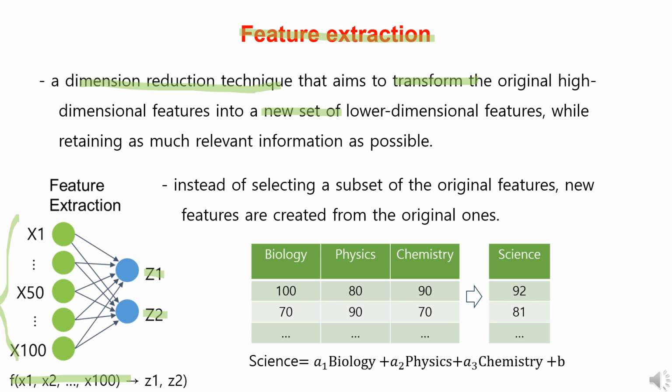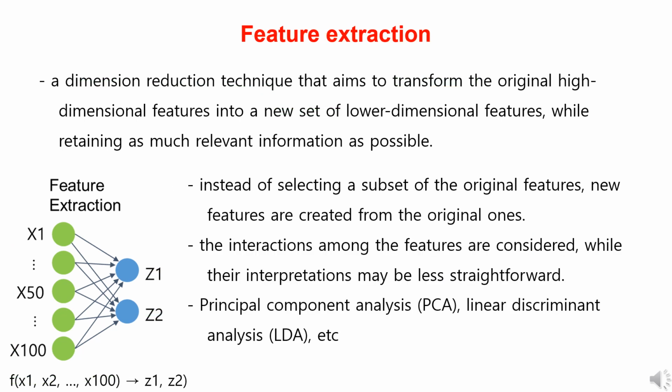In the example shown in the previous slide, instead of representing 3 subjects separately, biology, physics, and chemistry, they are combined into a single subject, science, using this kind of a function. This represents feature extraction. The transformation of the three subjects into a single science subject using a formula implies that the interrelationships between the three subjects are taken into consideration.